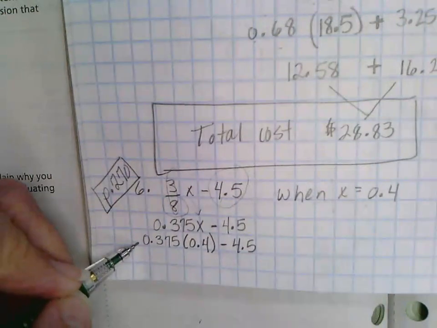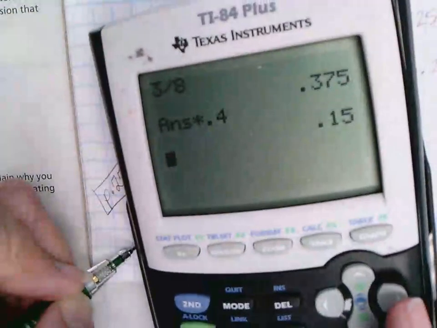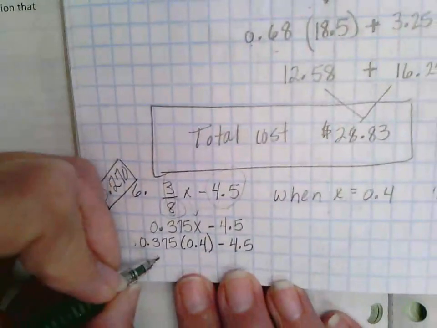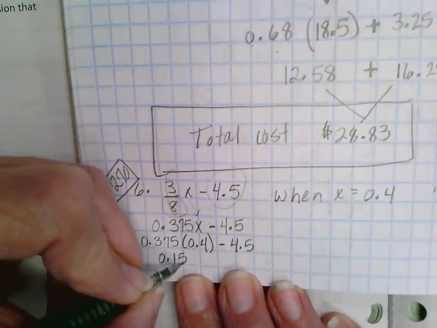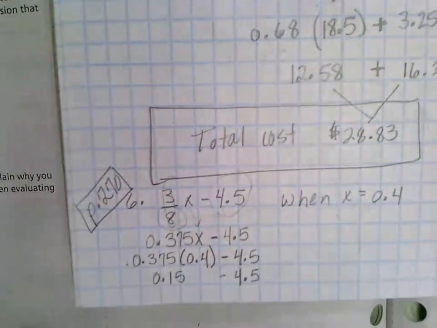When I multiply these together, because order of operations says to do that multiplication first, I get an answer of 15/100. So 0 and 15/100 minus 4 5/10.